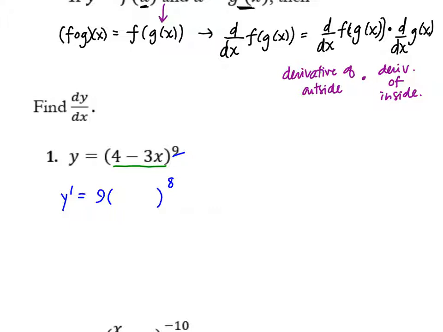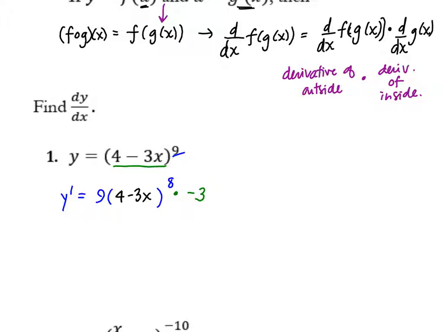By the power rule, the 9 comes down and the 9 goes down to 8. So that's the derivative of the outside. The inside stays the same, 4 minus 3x. And then once we got that outer layer differentiated, we can multiply by the derivative of the inside. So now multiply by the derivative of 4 minus 3x, which is negative 3.